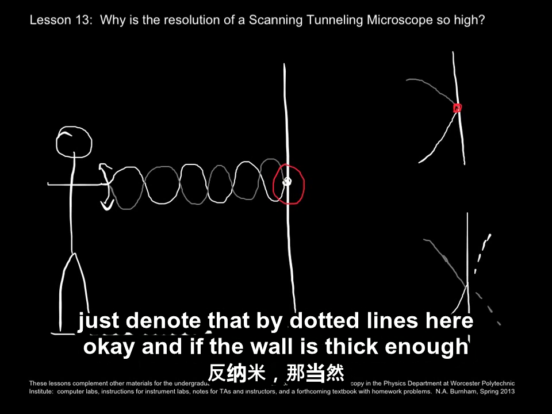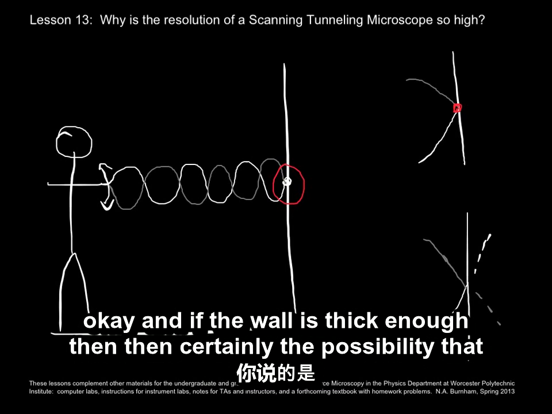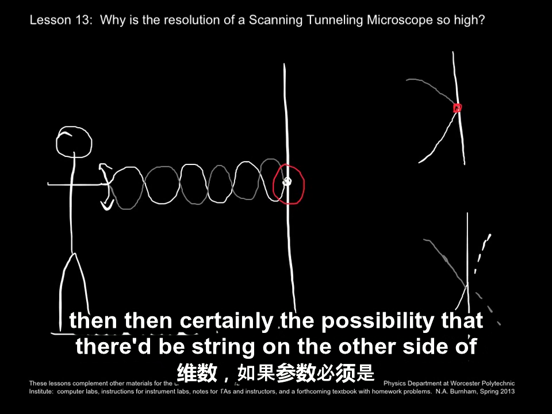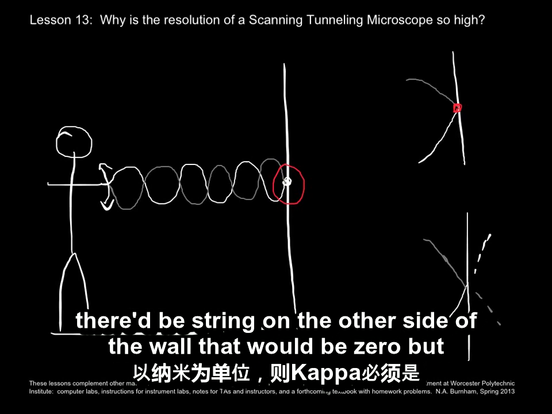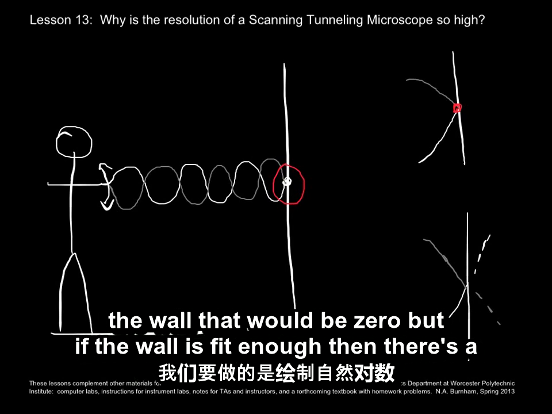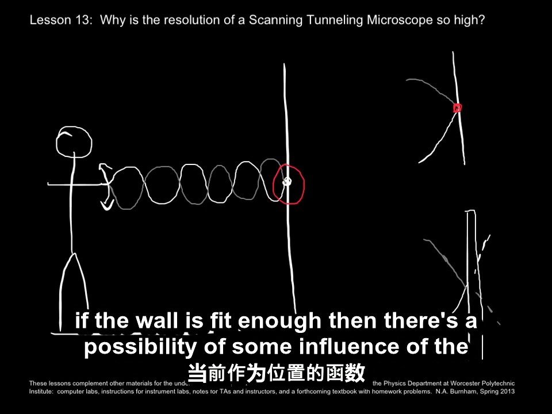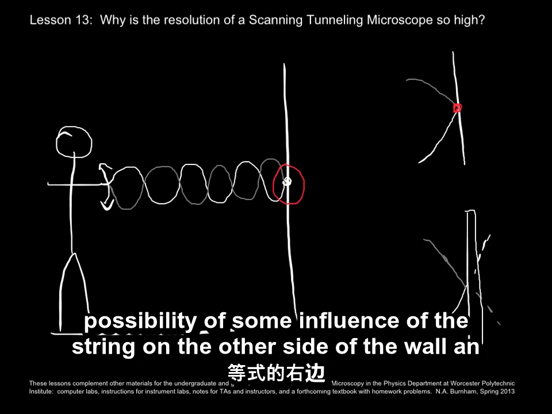Okay? And if the wall is thick enough, then certainly the possibility that there'd be string on the other side of the wall, that would be 0. But if the wall is thin enough, then there's a possibility of some influence of the string on the other side of the wall.